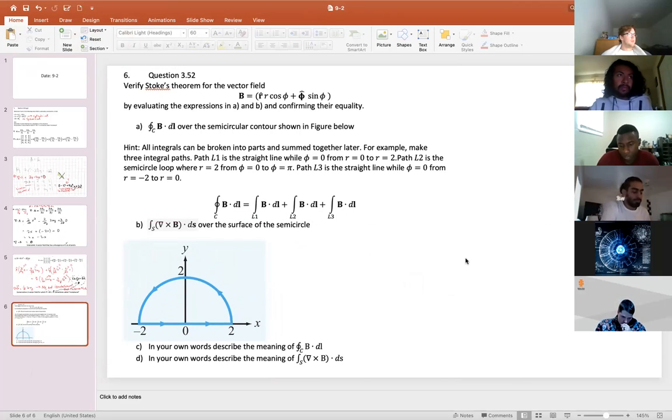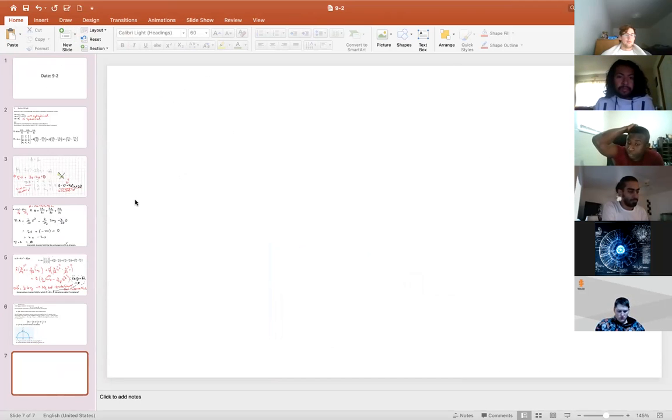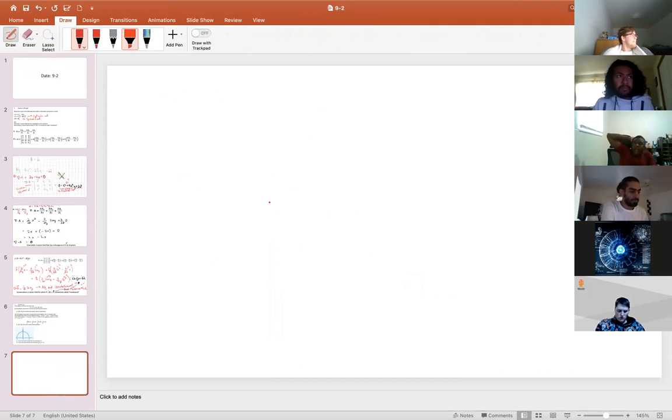Stokes' theorem is a relationship between a contour integral and a surface flux integral. So if you think about this, if you have something like we're drawing here, we're looking at here.